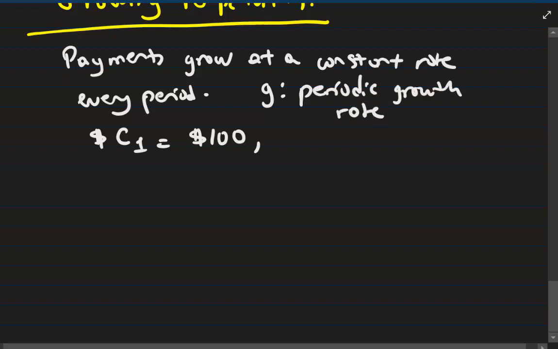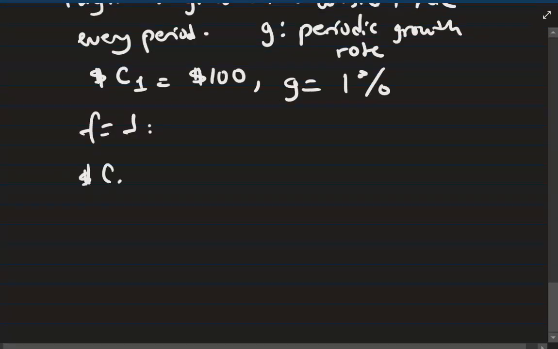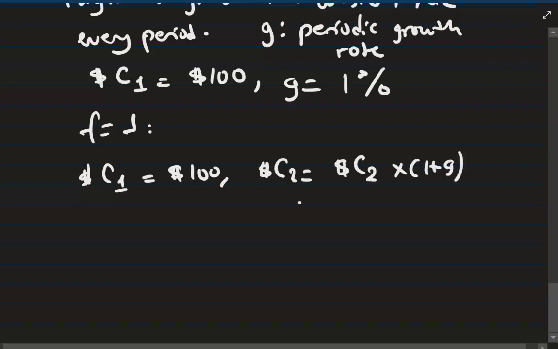And let's say G is 1%. Every year, the payments are going to increase by 1%. So first payment is $100. The second payment is going to be first payment times 1 plus G, which, if you make the calculation, 100 times 1 plus 0.01, $101.